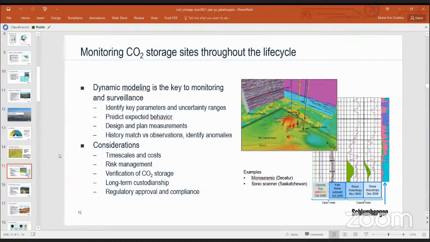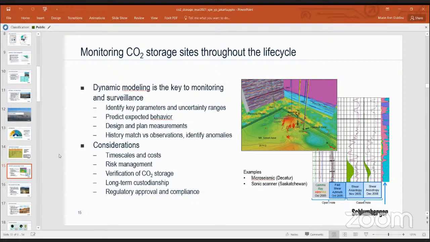So monitoring a site using things like permanent observation wells or 4D seismic, in theory, is likely to work, but it's also very expensive. So someone who wants to store CO2 needs to decide what's a cost-effective way to maintain the integrity of the site and to monitor the site performance while meeting the regulatory requirements.